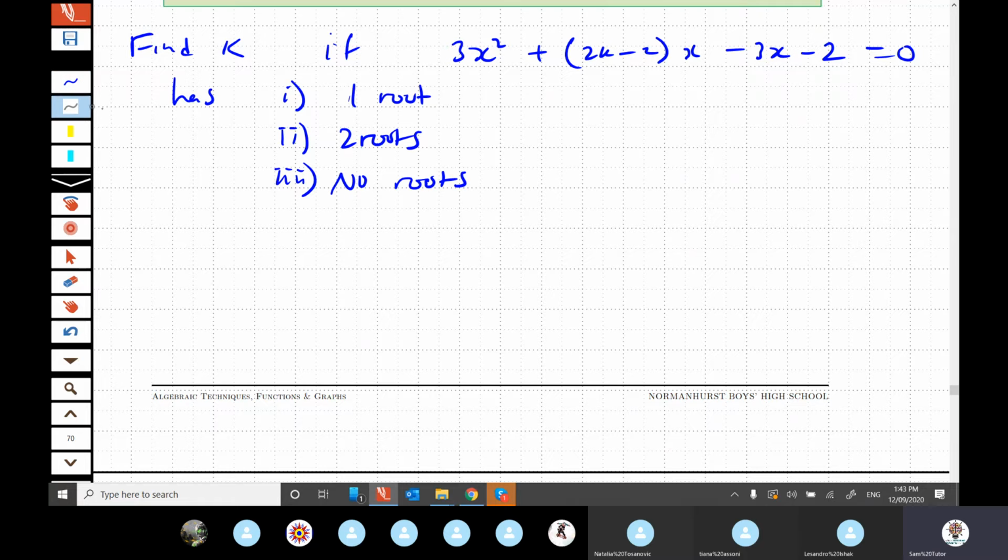So in other words, to find 1 root, you make your discriminant equal to 0. For 2 roots, you make your discriminant greater than 0. For no roots, less than 0. But they're all still the discriminant, so you should have the same answer. Once you do (i), you shouldn't be too far off to get (ii) and (iii).